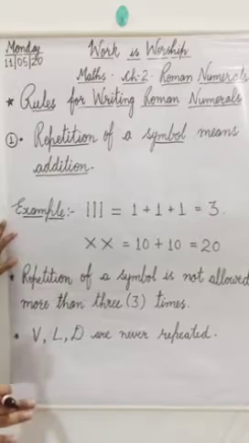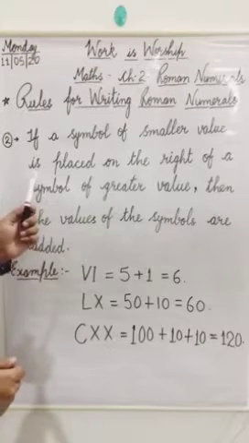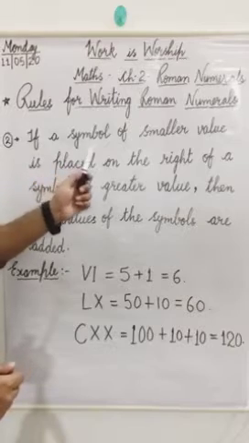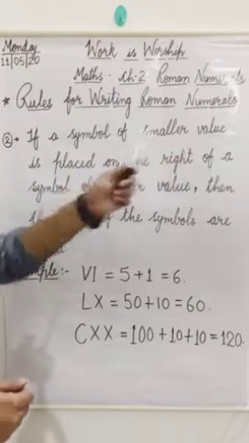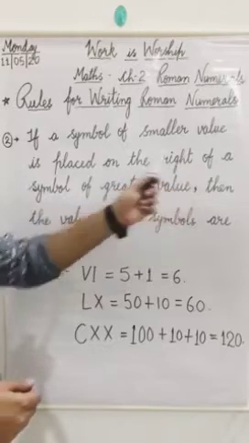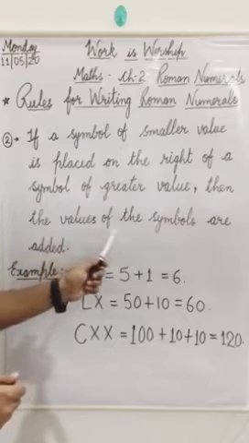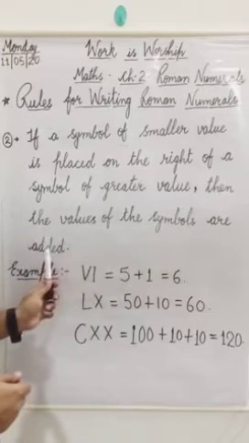Okay students, let's understand the second rule. And what is the second rule of Roman numbers? If a symbol of a smaller value is placed on the right of a symbol of greater value, then the values of the symbols are added.